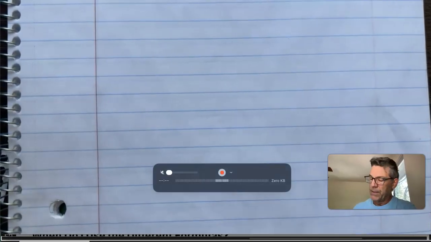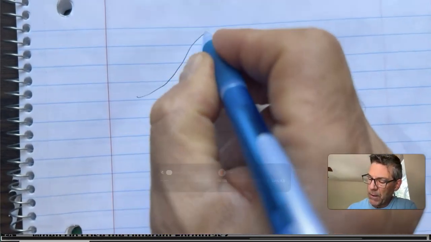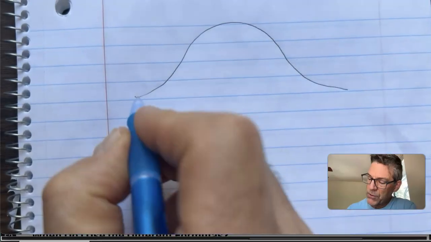Now, that is above average, but it's not super weird. Let me show you quickly something that can sometimes be helpful: a distribution that is normally distributed.